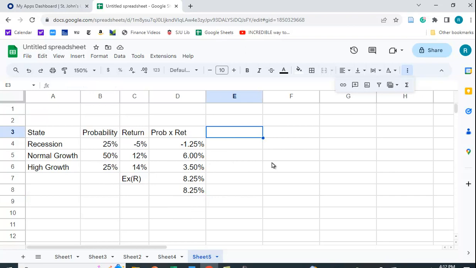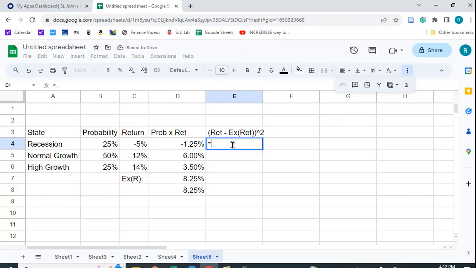So here we're going to have return minus expected return. Actually, let me say that we're going to square these. And you can do this in several steps if you want to, but we're just going to do it this way.